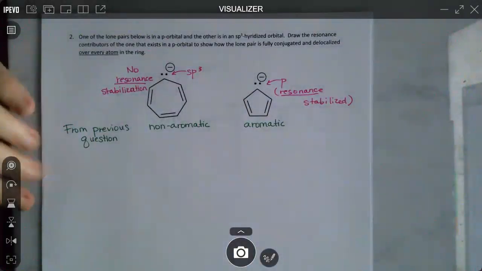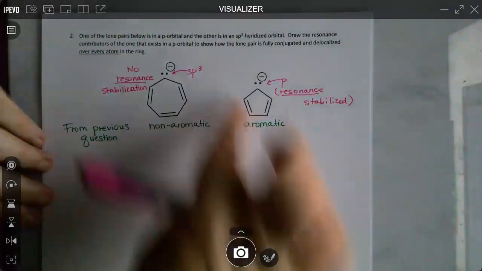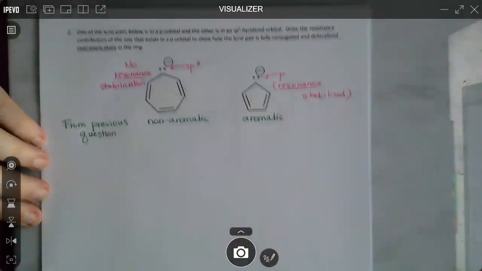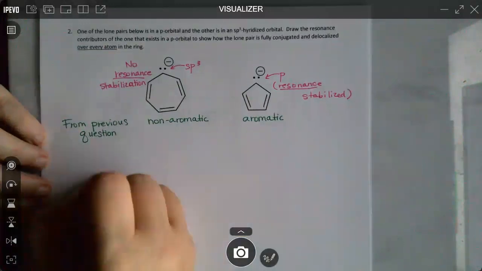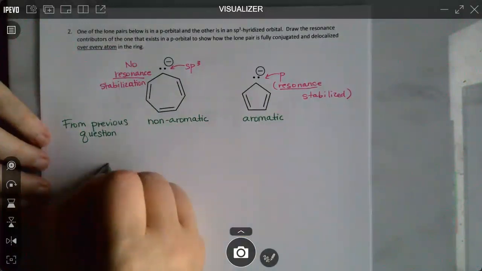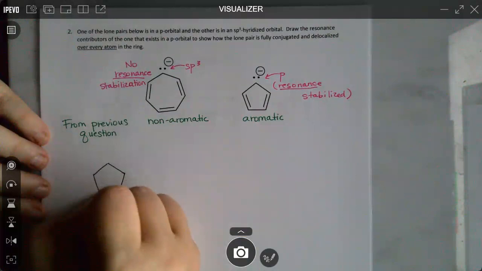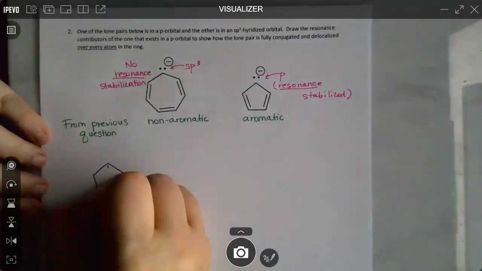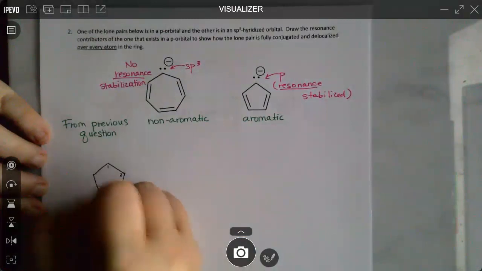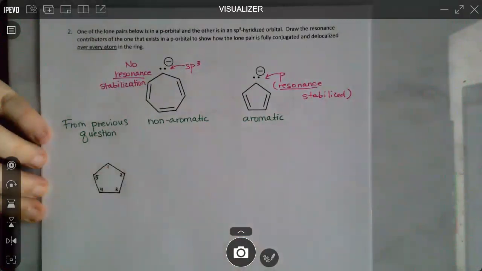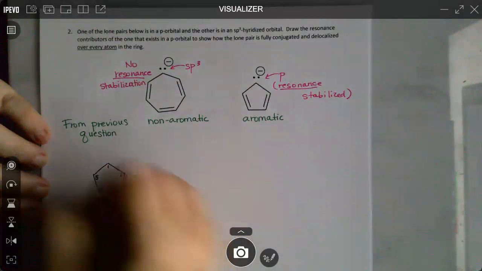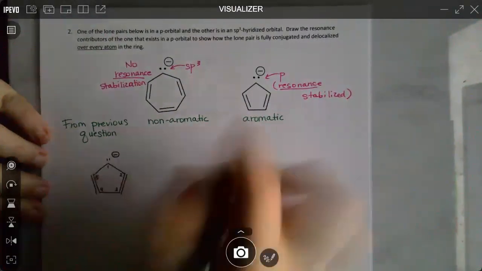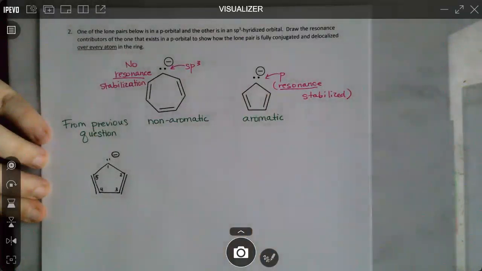Okay, so we want to draw the resonance contributors from the one that actually shows resonance stabilization. And to do that, it's very useful to label your carbons. So if we just do 1, 2, 3, 4, 5, I can place my pi bonds here, start with my lone pair on carbon number 1, just like it shows up here.